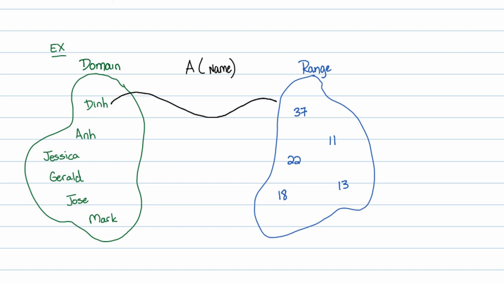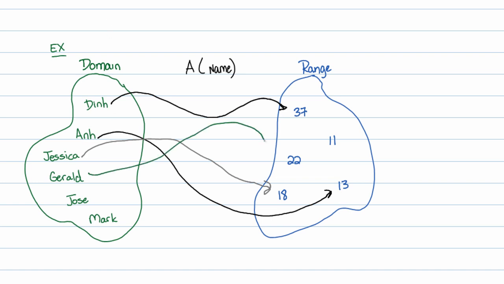Let's say Din is 37 and On is 13, and Jessica, let me give her a different color so that you can kind of see, is 18. Let's pretend that Gerald is 22, Jose is 18, and Mark is, let me do blue here, 11.